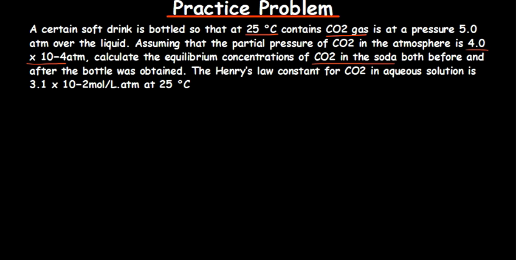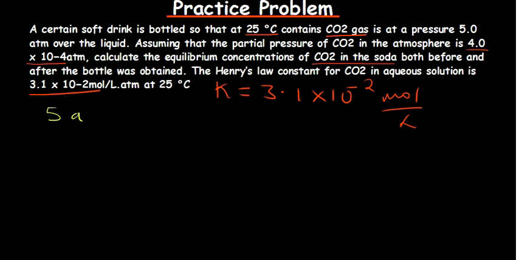So let's take note of the data we've been given. K is equal to, which is a constant, 3.1 times 10 to the power negative 2 moles per liter. Then the other piece of information we've been given is the pressure, 5 atm inside the bottle.